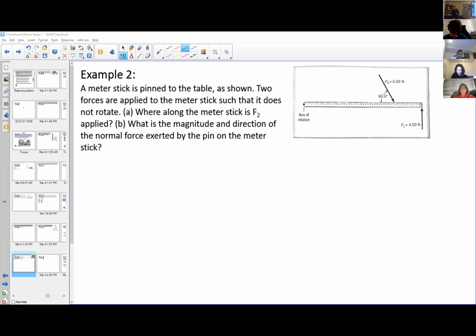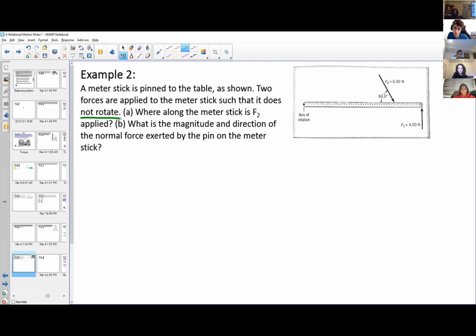It's not rotating, so that's why I was kind of thinking they had to be equal to each other. And then the reason I used torque was just because I saw the force and I saw a theta, so I figured that's the only equation with force and theta in it.